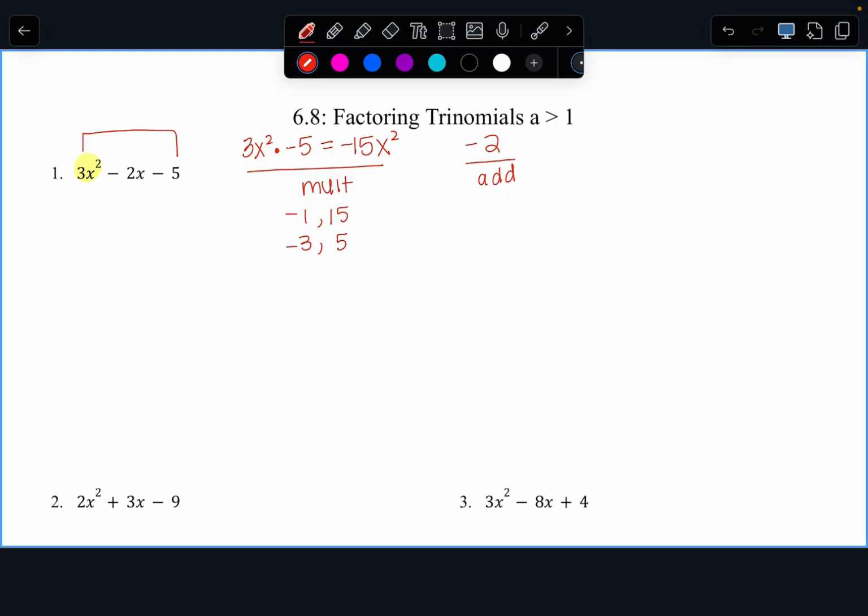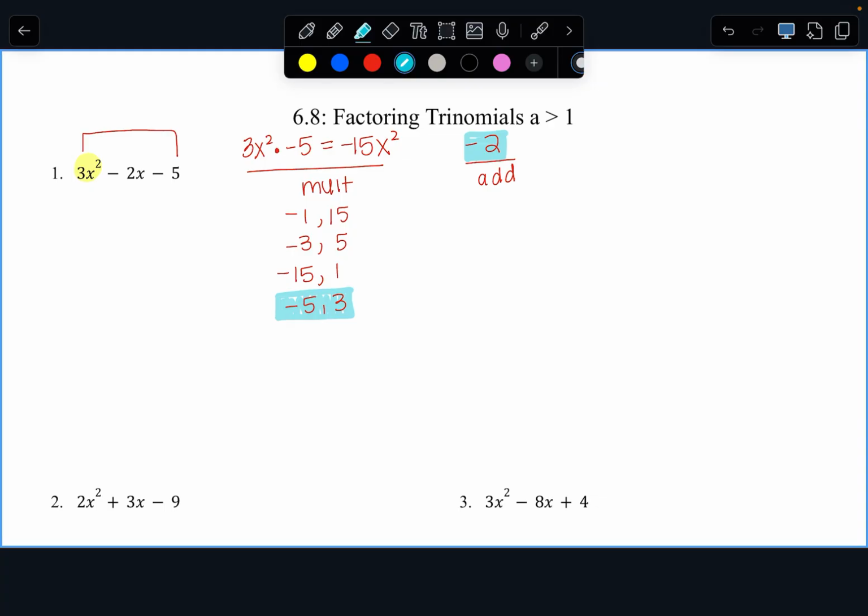So we have these, and we have to do the flipped version of that. Now, which of these adds to get negative 2? Which pair of numbers adds to get negative 2? It's going to be a negative 5 and a positive 3.